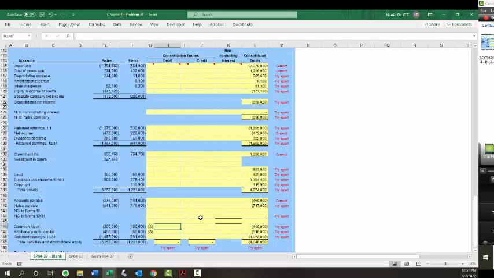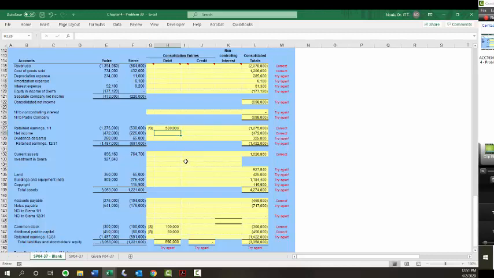So we bought it on January 1, 2018. So we have one year of amortization to take into account. So $100,000 in common stock, $60,000 in additional paid-in capital, and beginning retained earnings. Always remember to use beginning retained earnings of $530.